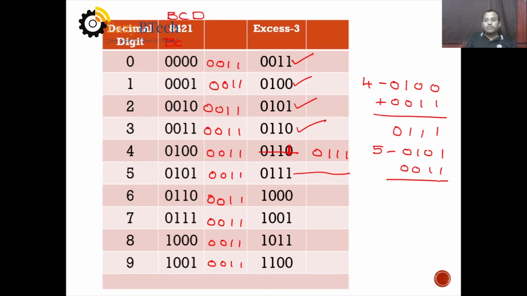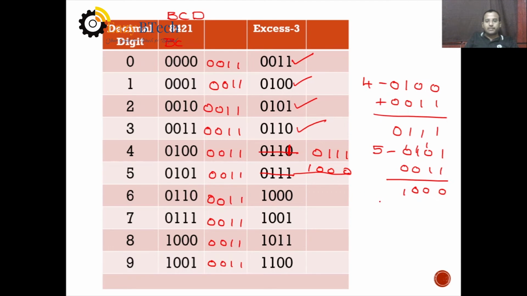So if we add 1 plus 1, sum 0, carry 1, again 1 plus 1, sum 0, carry 1, again 1 plus 1, sum 0, carry 1. So 1, 0 0 0. Sorry, there was a mistake here. So 1 0 0 0. So we have to be careful.